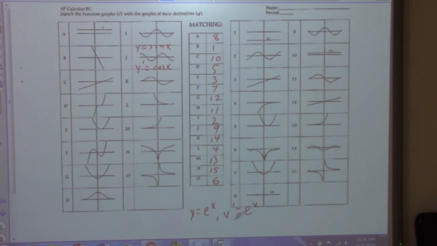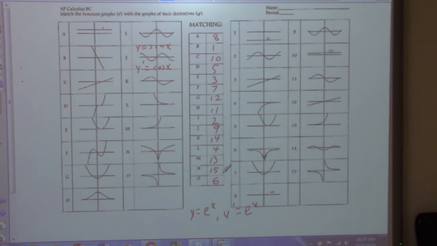So this function has the unique characteristic that the derivative of that function is itself. Okay, period. So those are two unique little things in these functions.